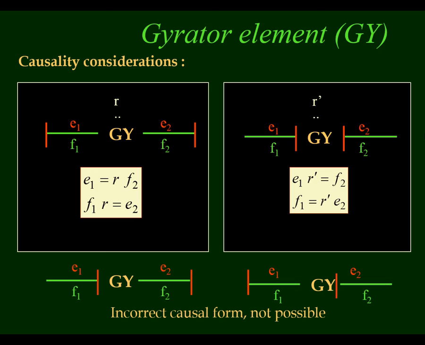And then of course we have the representation of the equations of this gyrator. As you can see on the screen, you can have the two efforts towards the end, or the two efforts towards the middle, like in this case. This is the case where the flow goes in and gets transformed into an effort.